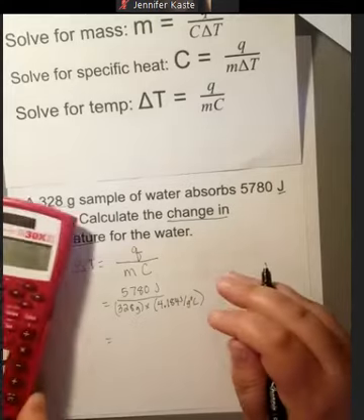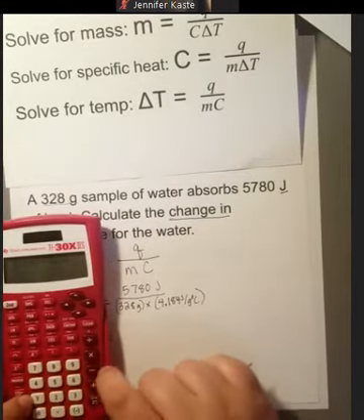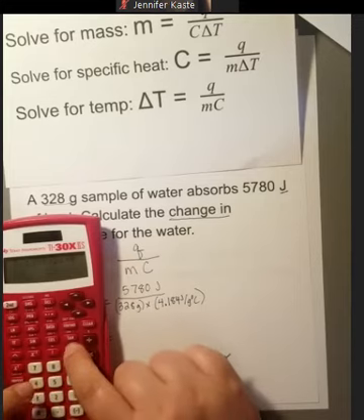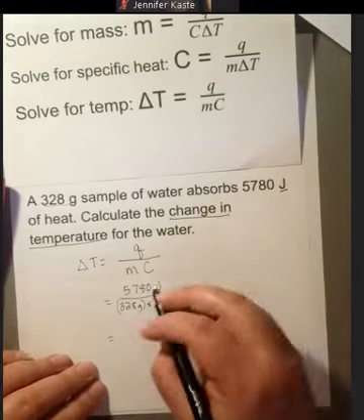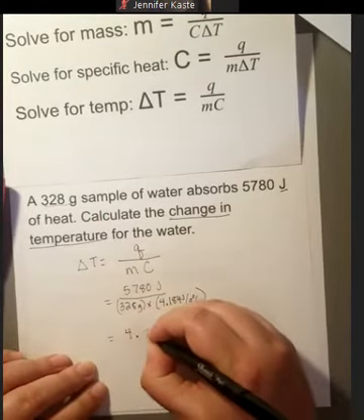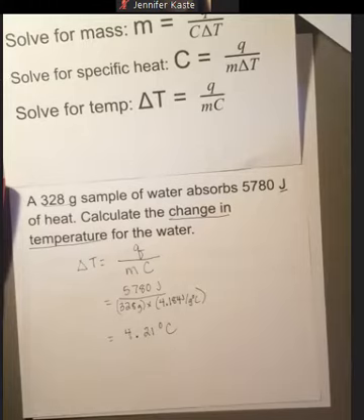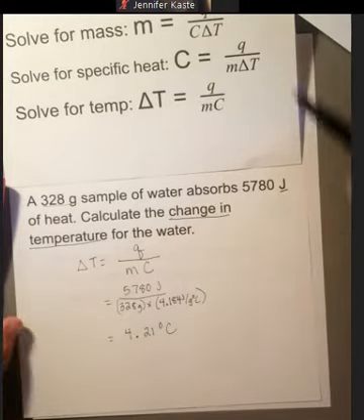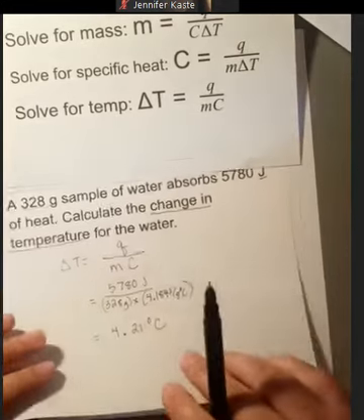So I'm going to do 5,780 divided by 328 times 4.184. And when I do that with 3 sig figs again, I get 4.21 degrees Celsius. So we've solved for heat and we've solved for change in temperature. So let's do 2 more.